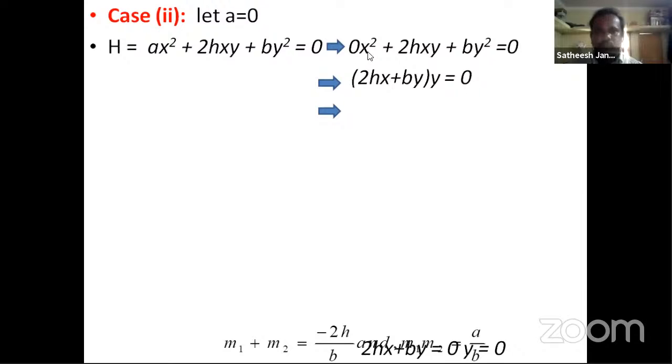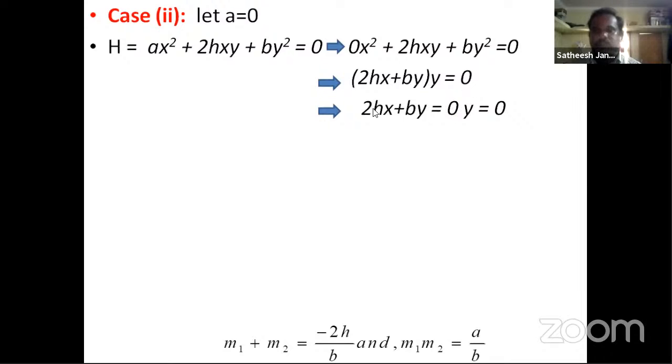That means the x square term is vanished. In the remaining two terms, taking y common, we get (2hx plus by) into y.